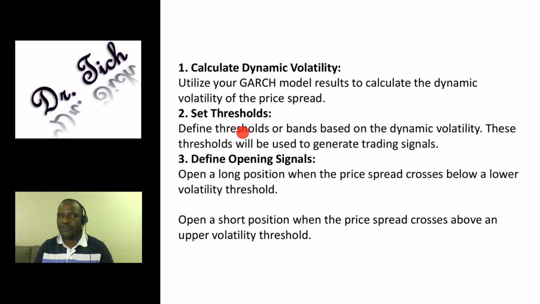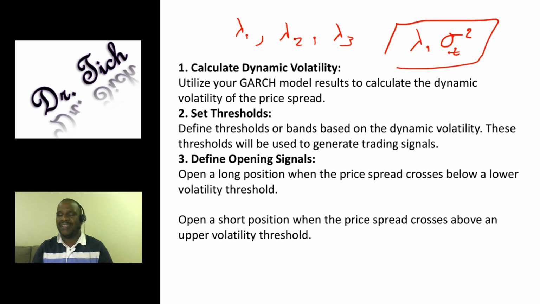We are going to define thresholds or bands based on the dynamic volatility. That's why in the paper, there are certain times when they define lambda 1, lambda 2, lambda 3, and they write lambda 1 of sigma squared t. It means they were defining thresholds for open, close, and stop loss.